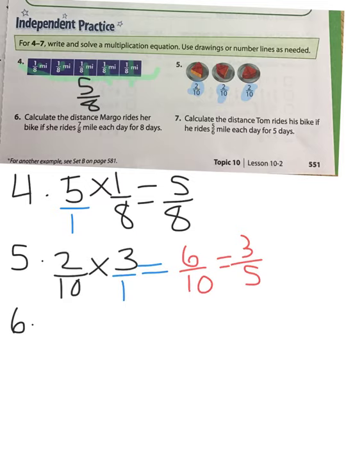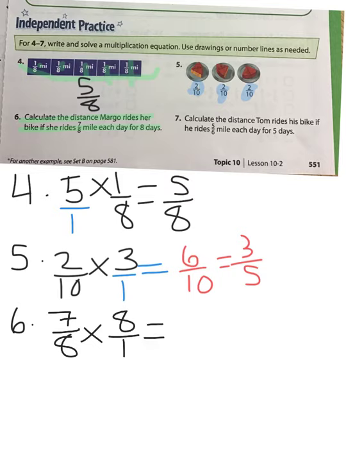It says, calculate the distance Marko rides her bike if she rides 7/8 each day for 8 days. Remember that since we're multiplying a fraction by a whole number, it's going to be less than 8. So we have 7/8 times 8 days. Make this into a fraction, so 8 over 1.